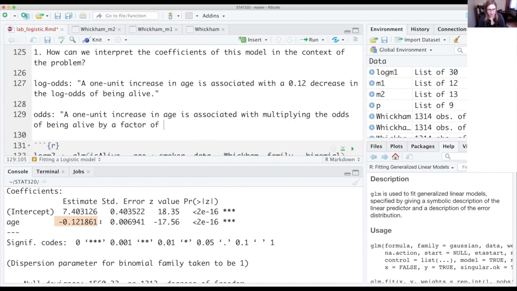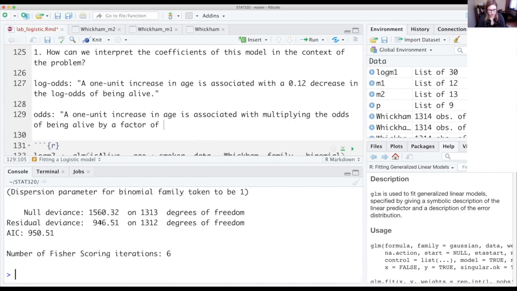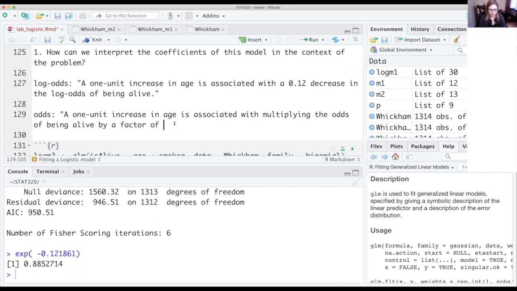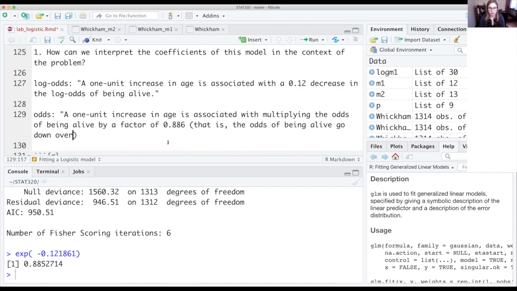So I'm just going to copy it, and I'm going to do exp parentheses and then paste that number in there, by a factor of 0.886. And anything that you multiply by a number less than 1 goes down. So this means the odds of being alive go down over time.